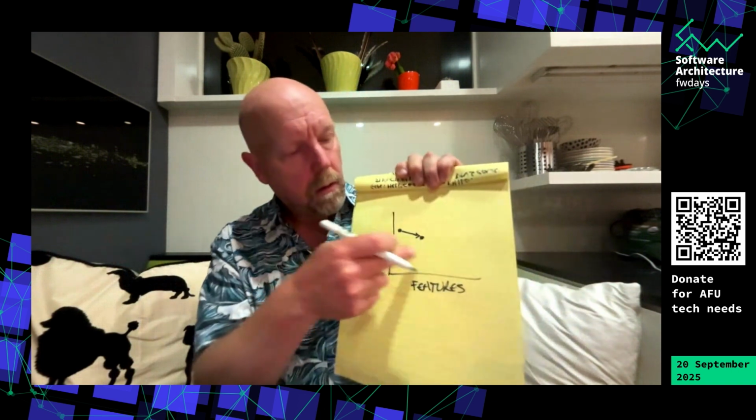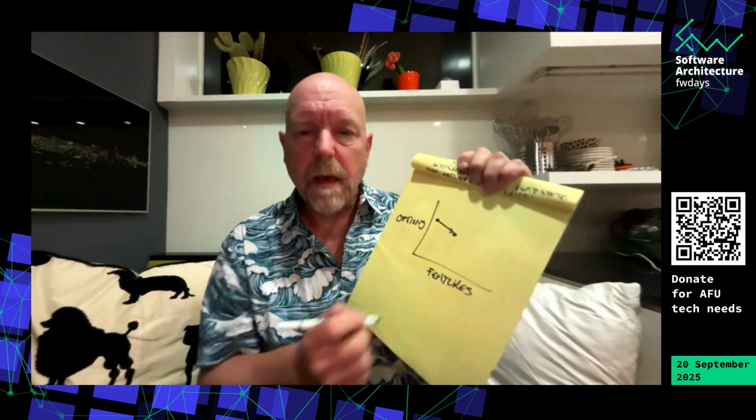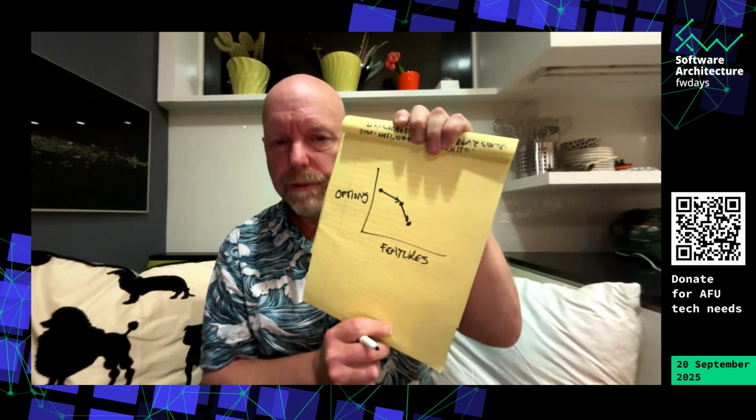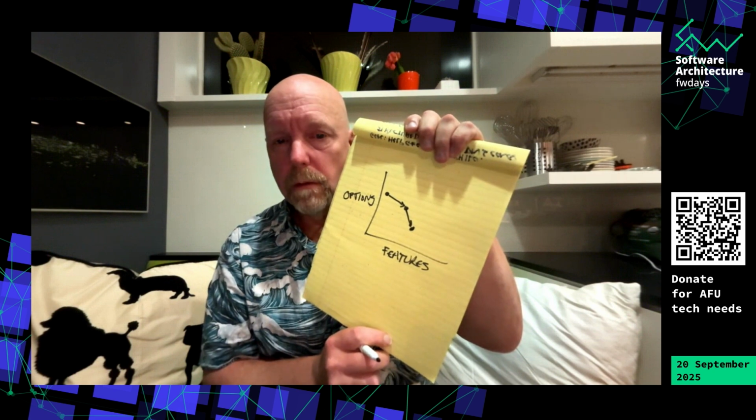I would have to throw everything away, go back to zero on features, if I wanted to. But then the temptation, because features are so visible, is to go ahead and implement the next feature. But the more that you burn your options, the faster they disappear.